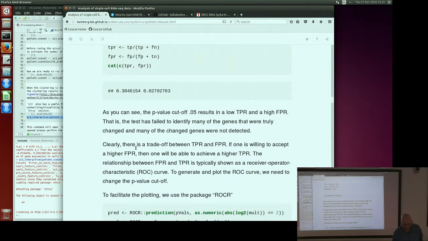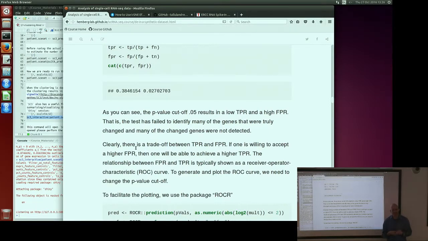This is a general theme for all of these methods: if we have a p-value threshold and we make that p-value threshold more stringent, we're going to call fewer genes as differentially expressed, which means that we're going to miss the ones that were truly differentially expressed.